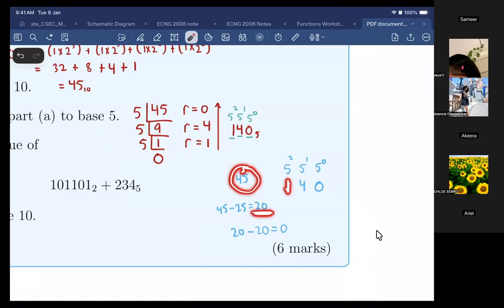Okay, so we have 20 remaining. How many 5s would it take to make 20? It would take 4. And then, since we already made up the 20, the remainder is 0. So we need 0 ones. And just like that, you figure it out.